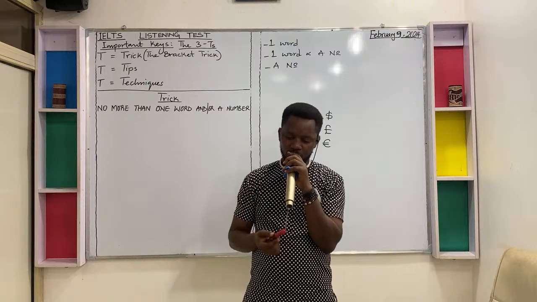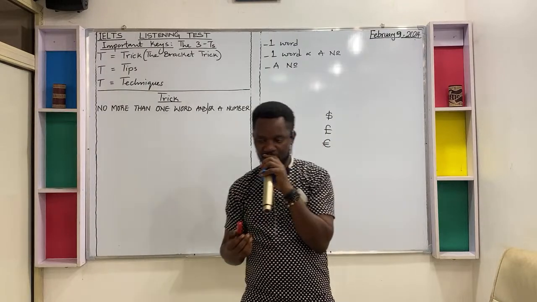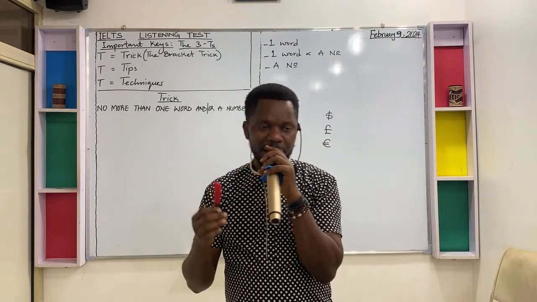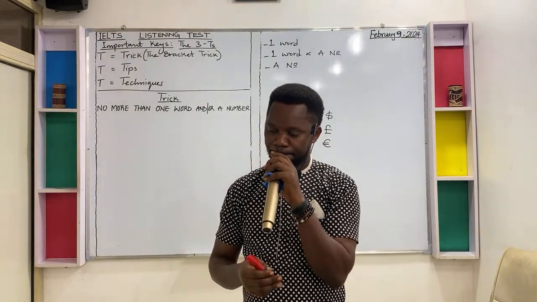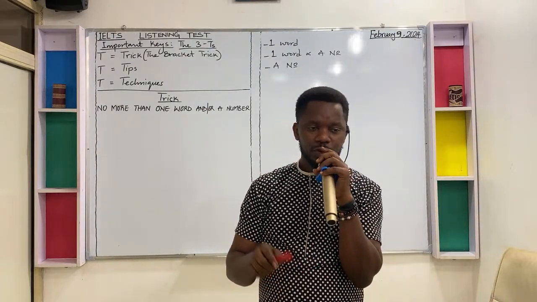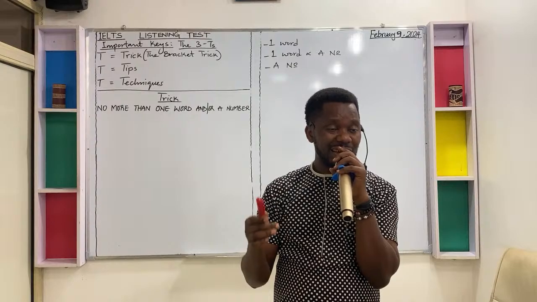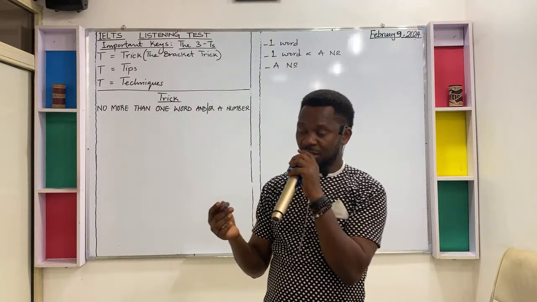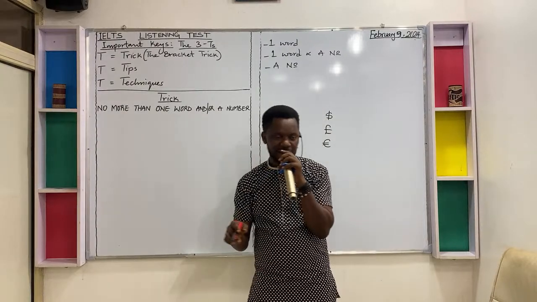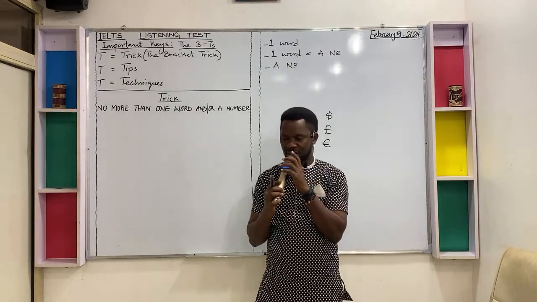Also, if you read the question and you observe that the currency is spelled in word, when you're writing your answer, you do not need to write it either in word or in the symbol version as part of your answer. Please, is this clear?